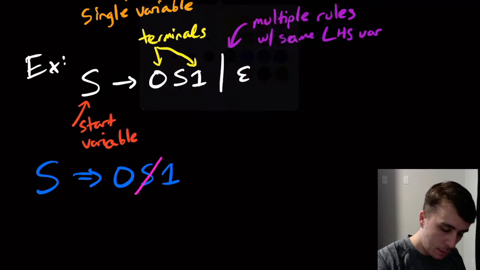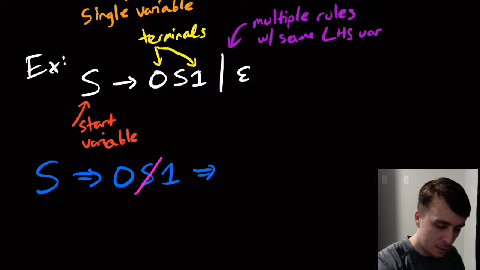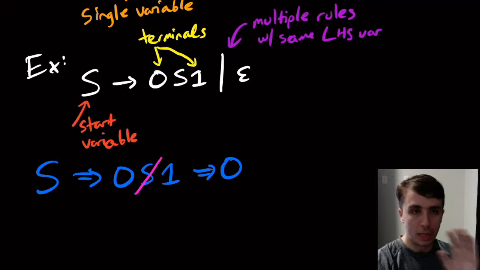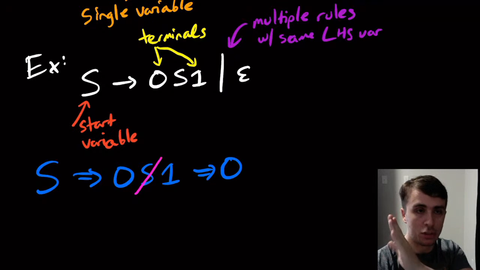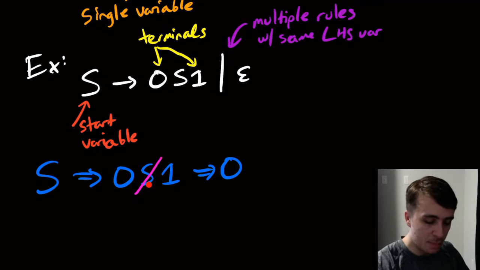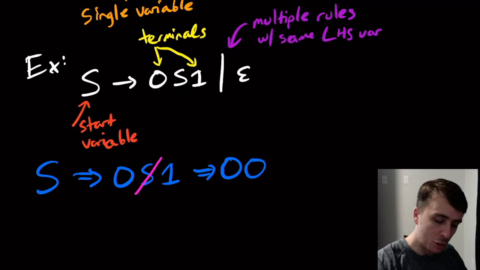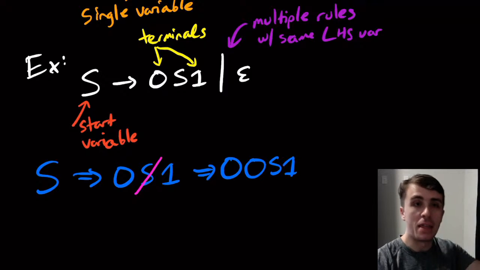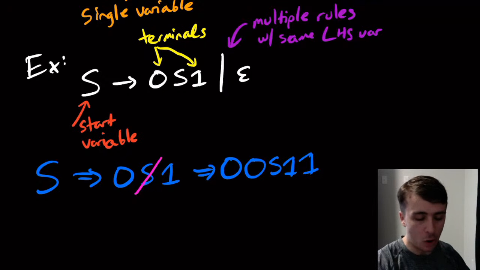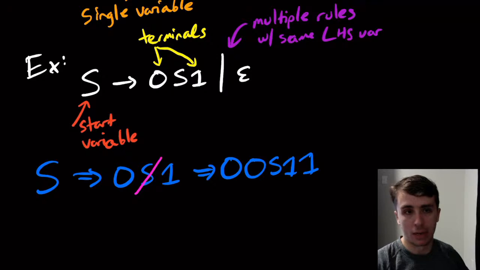And if I apply the first rule yet again, I'm going to have the first 0, that's still from the first 0, but this S in the middle gets replaced with 0S1. So I'm going to get 0S1 in the middle, and then the 1 at the very end, which I've already had, which of course never got replaced.